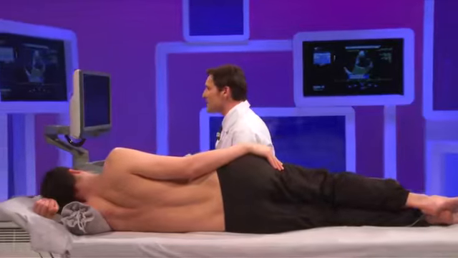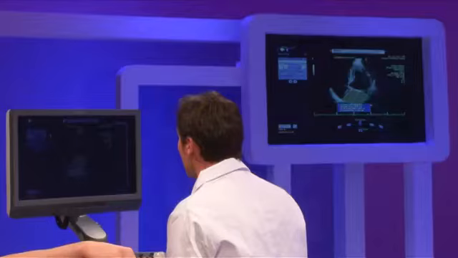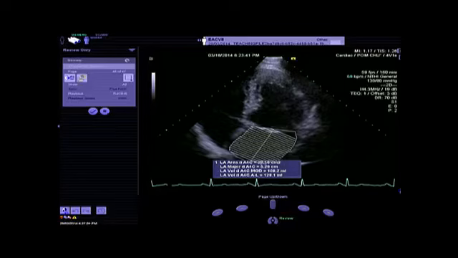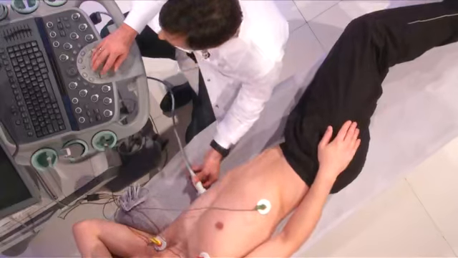So, finally, to assess the consequences, because if we think about any kind of surgery, for sure we need the measurement of the tricuspid annulus dimension, and we should see if there is any tricuspid regurgitation. And again, I will try to get the image from the apical 4-chamber view.